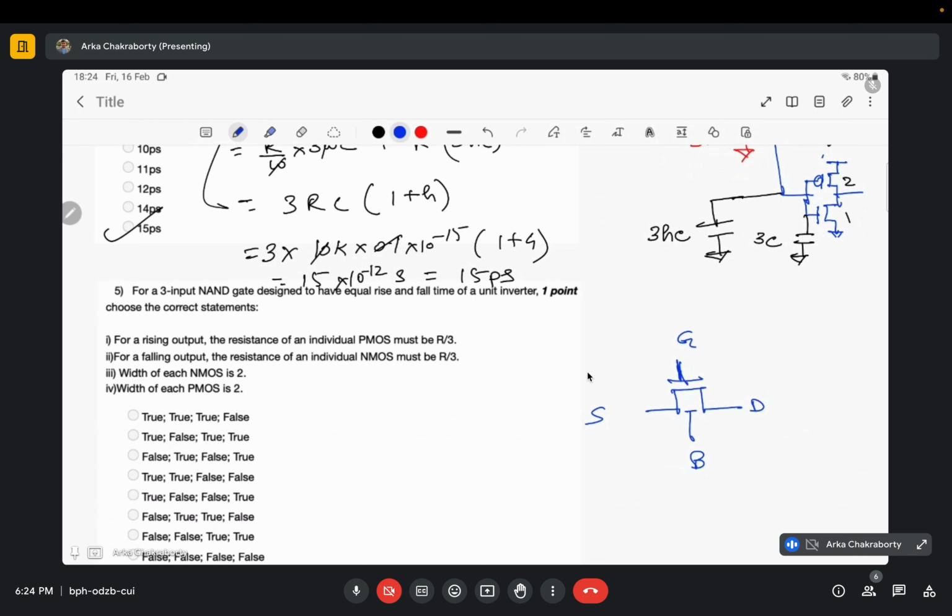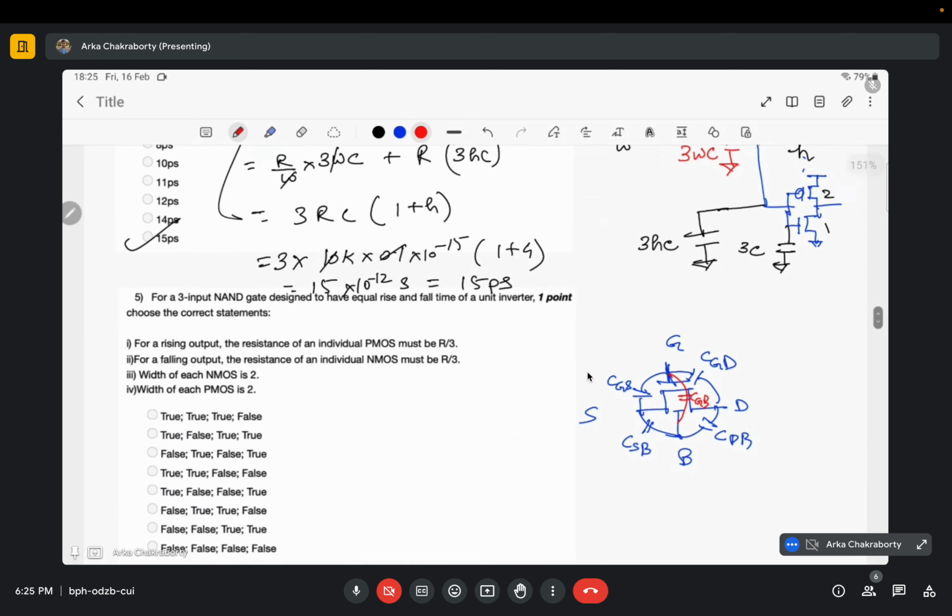One is this CGD, one is this CGS. Okay, so one is this CSB, one is this CDB, and another is CGB.